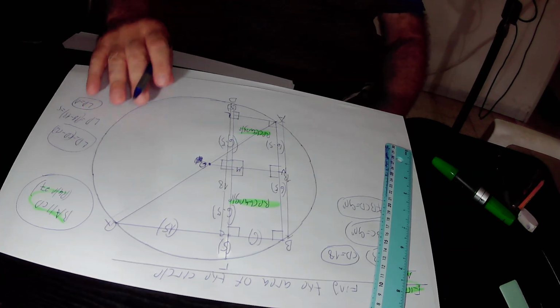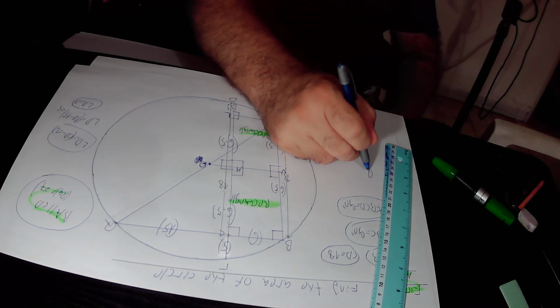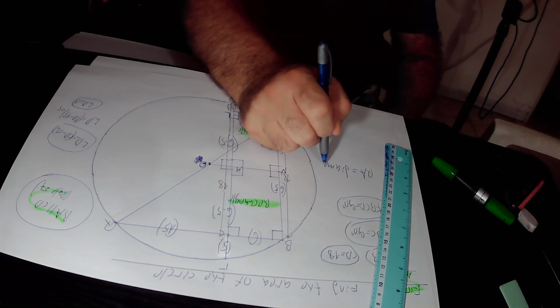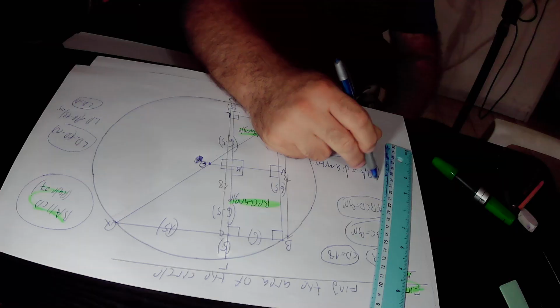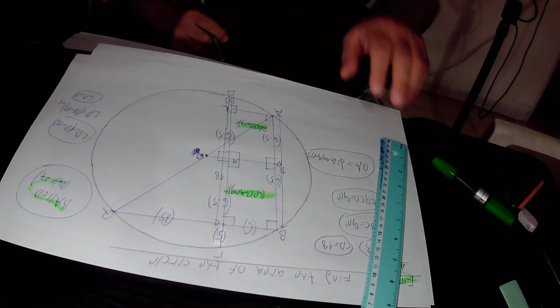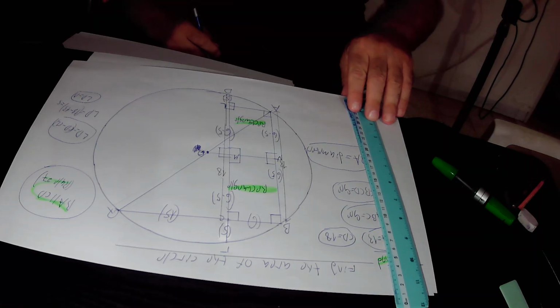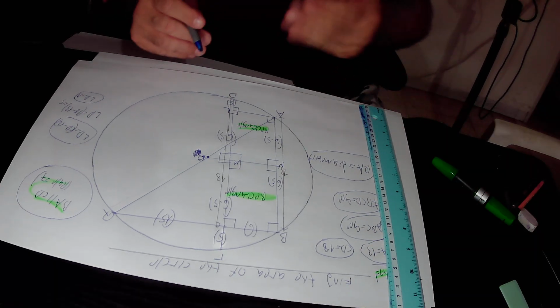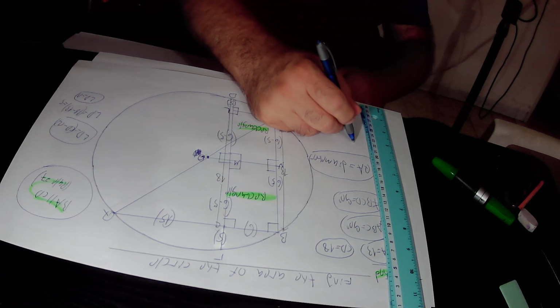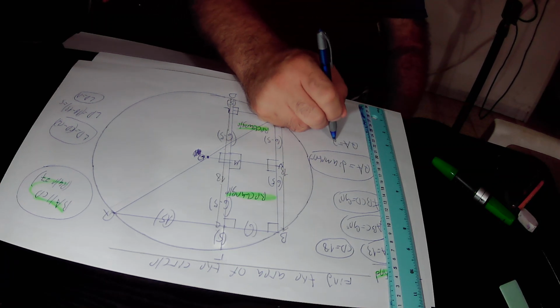The diameter of the circle is twice as long as the radius. So if we define the radius of this circle as r, then the diameter must be equal to 2r. So QA equals 2r.